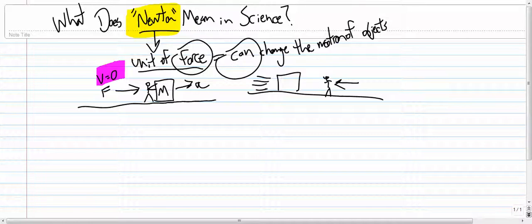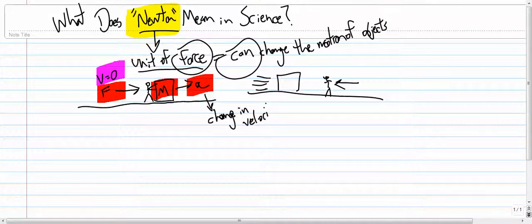So anyway, getting back to this notion right here, we've got a force acting on a mass to cause an acceleration. And remember, an acceleration is just a change in velocity. And so that can be a change of speed and or direction. So it doesn't have to make it go faster or slower. It could just turn it. So a force can cause an acceleration just by turning an object.